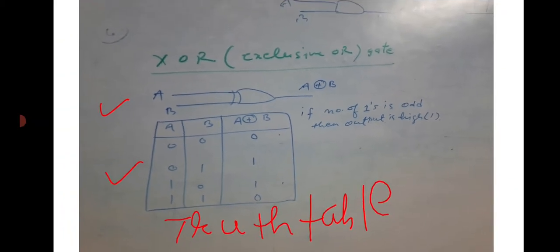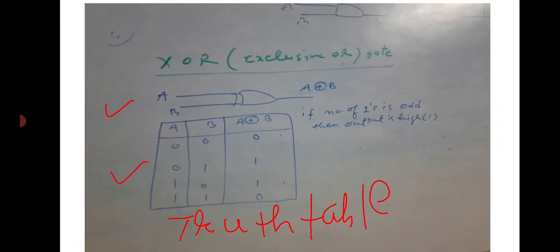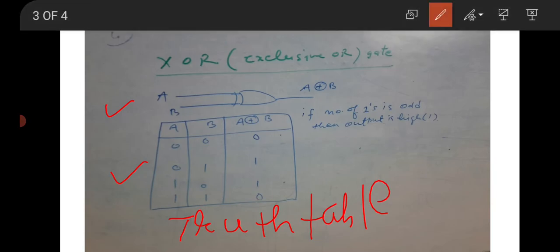Now suppose the value of A is 0, 0, 1, 1 and the value of B is 0, 1, 0, 1. Here 0, 0 means there are no ones, the number of 1s is 0, so the output will be 0. In the second case the value of A is 0 and B is 1, so there are two inputs, the first is 0 and the second is 1.